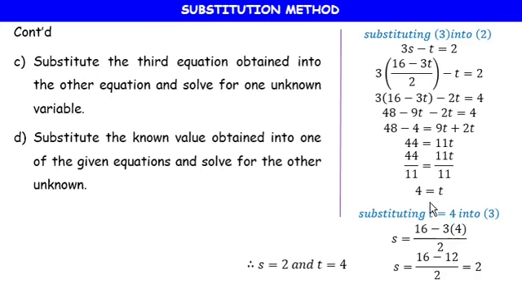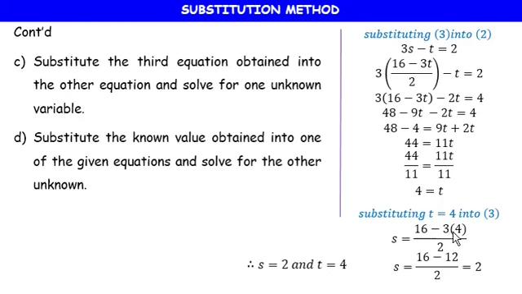So we have established that our t is equal to 4. What of our s? According to equation 3, our s is equal to 16 minus 3t all over 2. So wherever we see t, we replace it with 4.